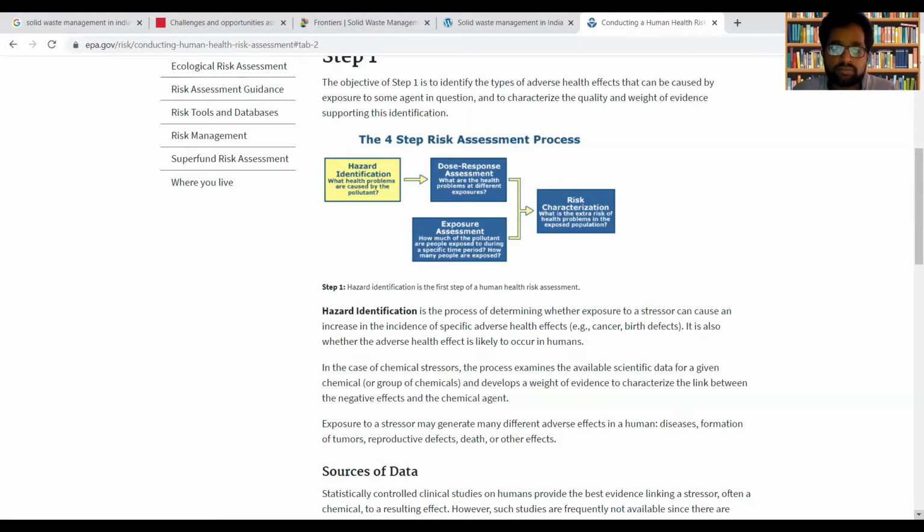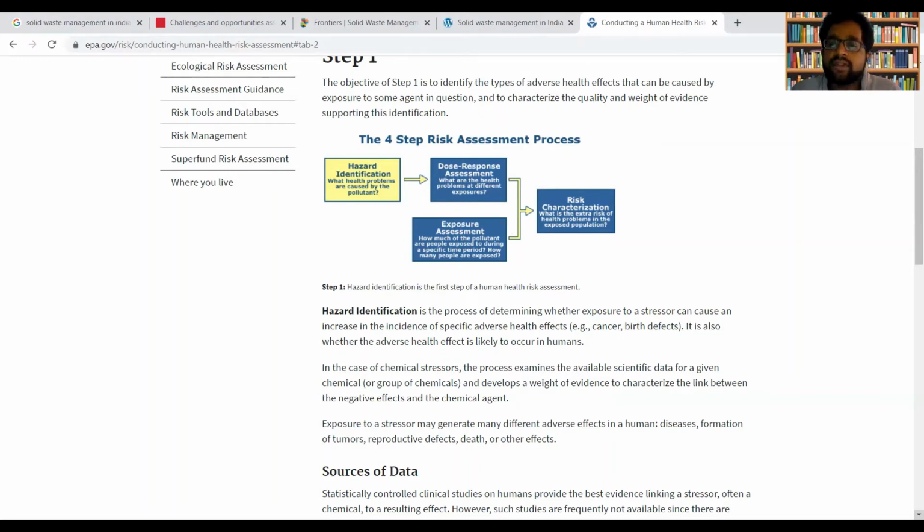Now, if there is exposure to a stressor, that will generate different adverse effects in humans. These adverse effects include diseases, formation of tumors, reproductive defects, death, or other effects. So this is about the hazard identification.